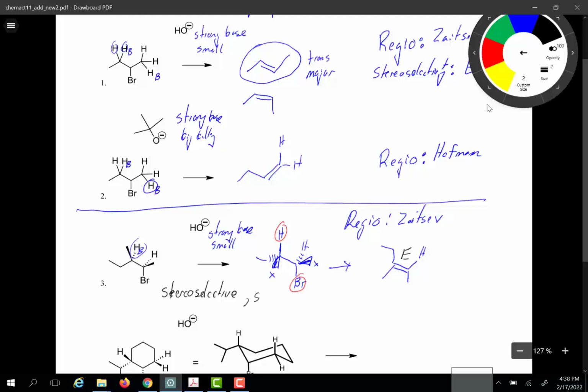It's also stereospecific because I'm starting with one particular stereoisomer, and that results in forming another particular stereoisomer. Recall that stereospecificity is one aspect or a subset of stereoselective reactions.